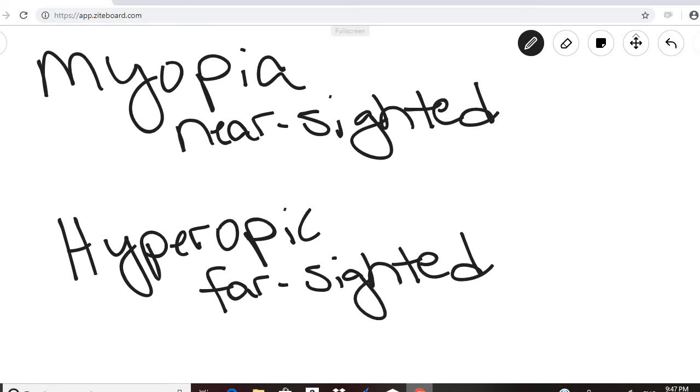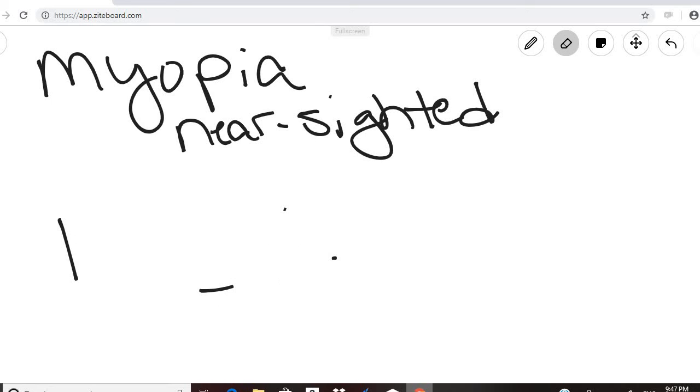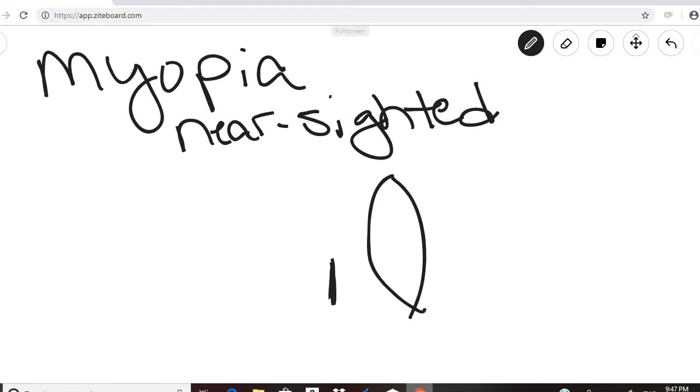And what happens in nearsightedness is that the light gets focused too strongly. So if you have the lens here and the retina over here, instead of the image forming on the retina, it actually forms in front of the retina with nearsightedness.